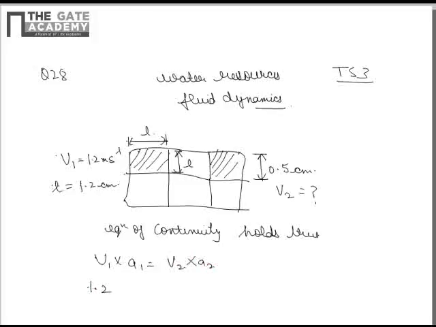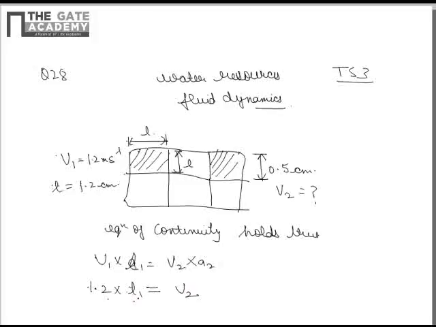V1 is given as 1.2, so we can say V1 multiplied by L1, because we can assume the thickness of this flow net perpendicular to this piece of paper to be the same, or unity, whatever you want to assume.